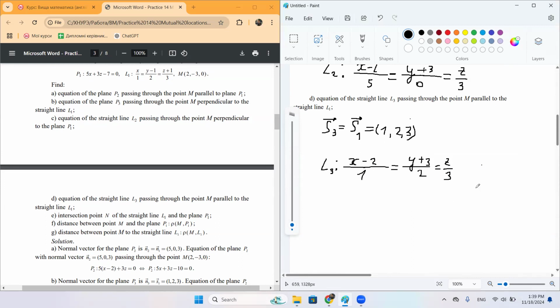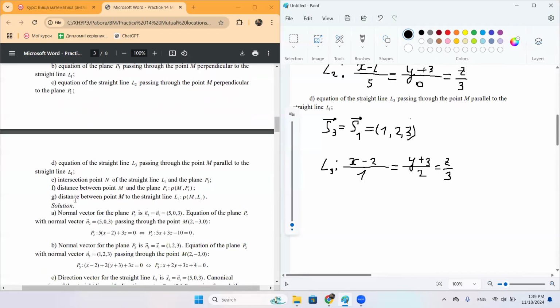So this is the equation of L3. Then we need to find an intersection point N of the straight line L1 and the plane P2. Well, so let's do it.